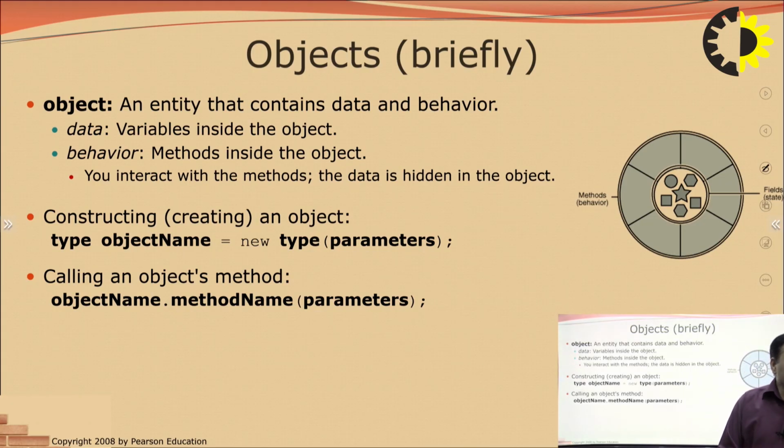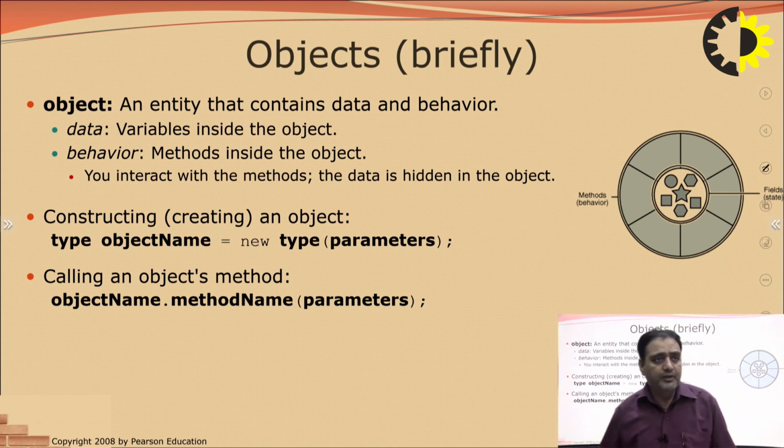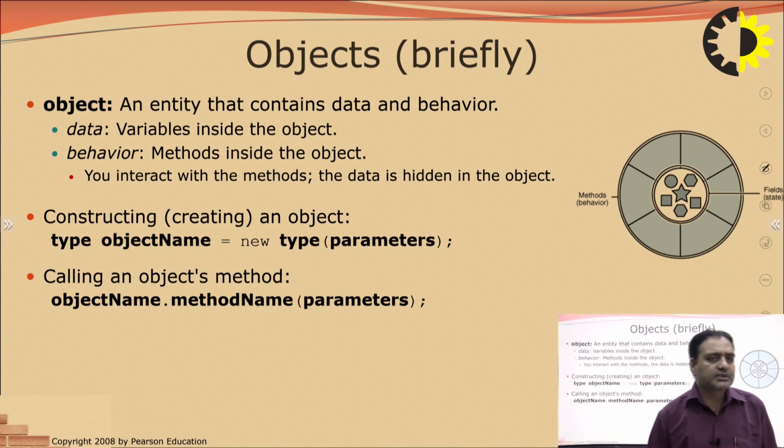Objects, briefly: an object is an entity that contains data and behavior. Data means variables inside the object, and behavior means methods inside the object. You interact with the methods, and the data is hidden in the object. You already know this concept.